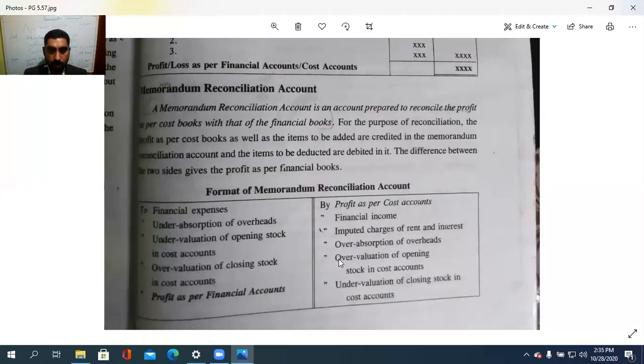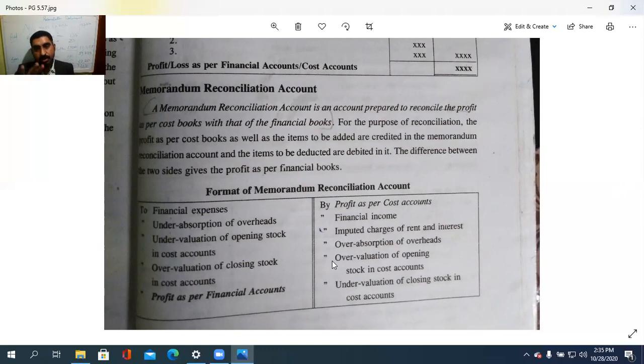Then under absorption of overheads, undervaluation of the opening stock in cost accounts, and overvaluation of the closing stock in cost accounts to be debited, while undervaluation of the closing stock in cost accounts should be credited. And finally, we reach the profit as per financial account.